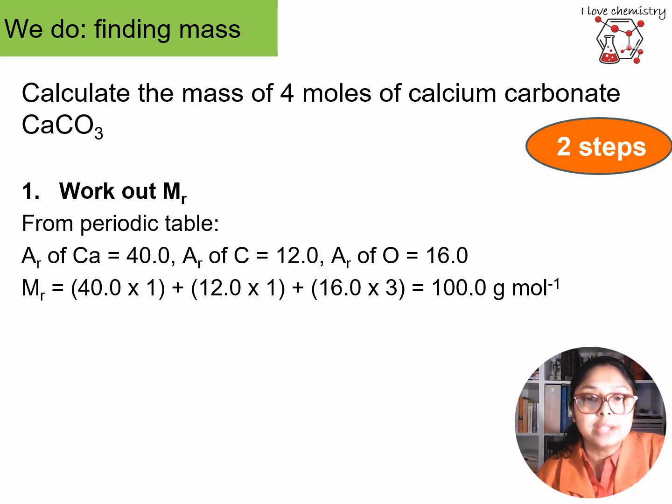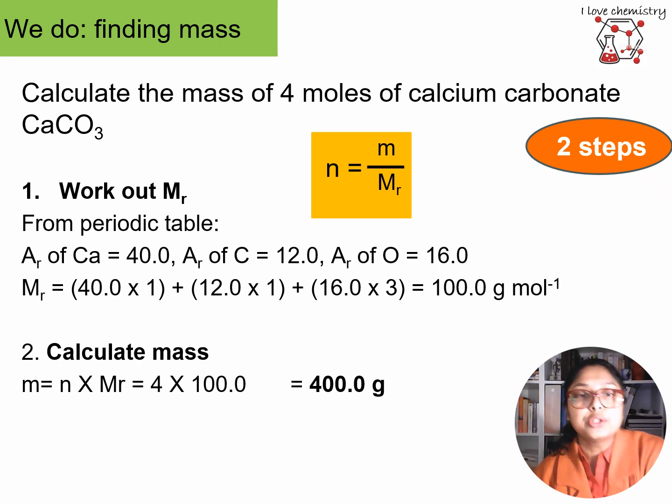According to the chemical formula, there is Ca, 1 carbon, 3 oxygens. So CaCO3 becomes 40 times 1, 12 times 1, and 16 times 3. If we add all of those up, you will get 100.